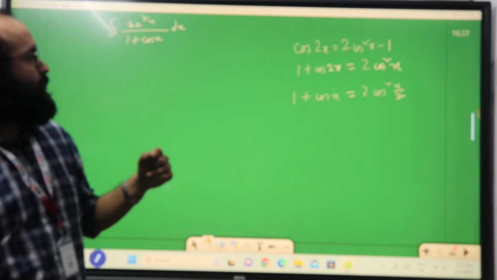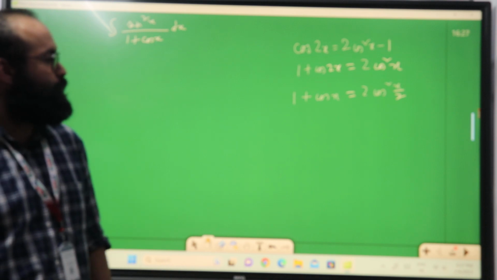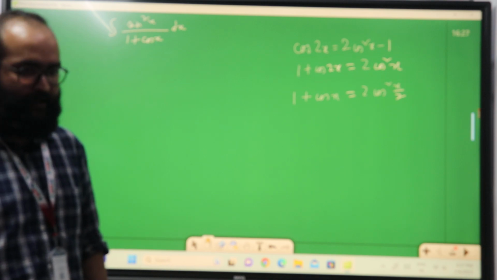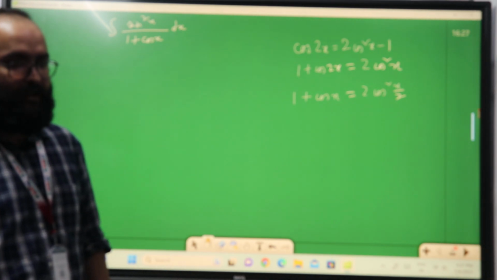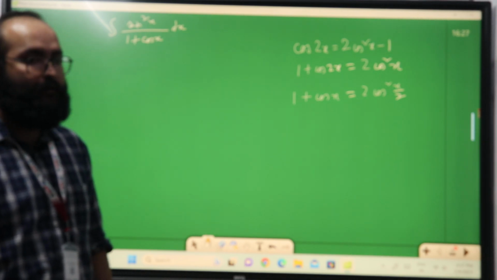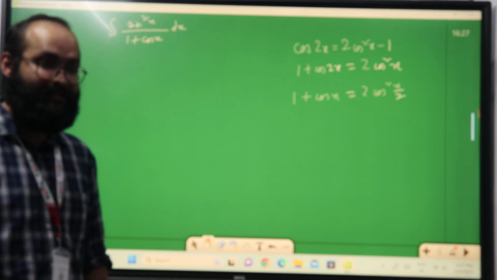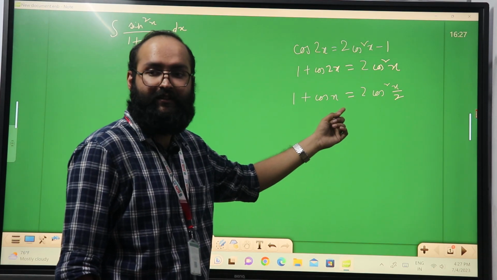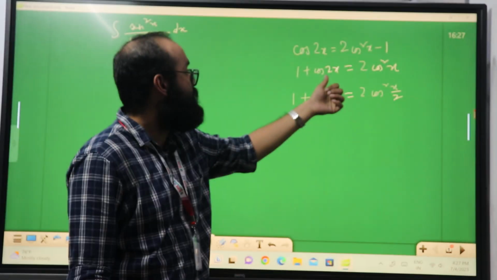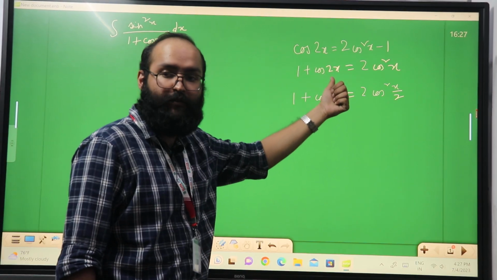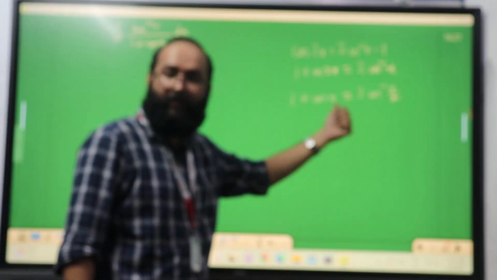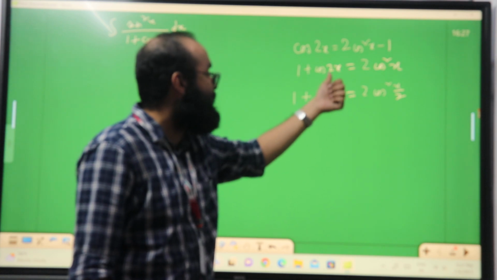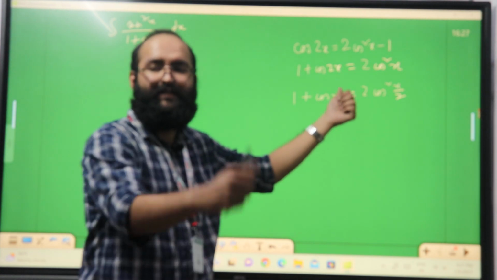So if you take 1 to the left side, what will you have? 1 plus cos 2x equal to 2 cos square x. Yes or no? And now we need a formula for 1 plus cos x. So if, instead of 2x, you write x here, what are we actually doing? We are dividing the angle by half. What is this 2x?